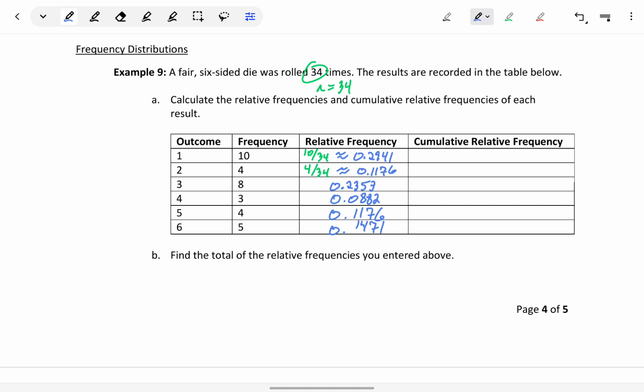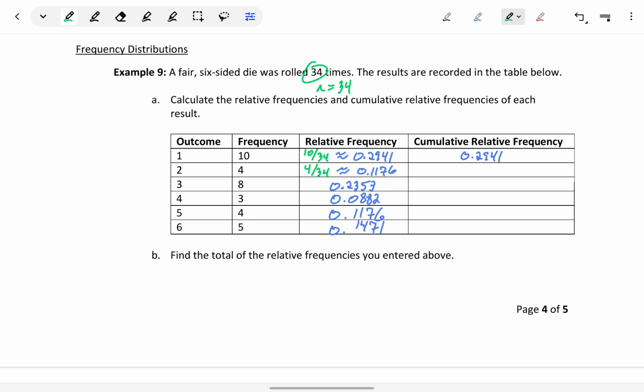Then in the next column, we can calculate the cumulative relative frequency, which means we want the relative frequency of that outcome and all preceding outcomes. So for our outcome of 1, that cumulative relative frequency would be 0.2941.